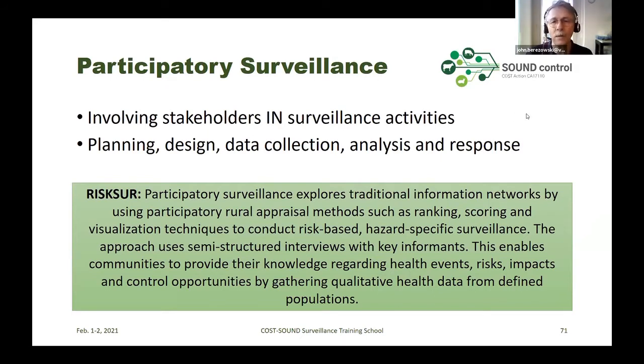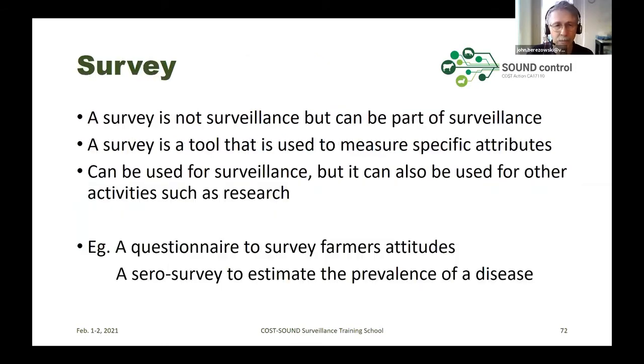So it's much more common in some of the developing countries, where compliance, even with legislation, would not be good. So involving people and different stakeholders in the surveillance process itself improves compliance.